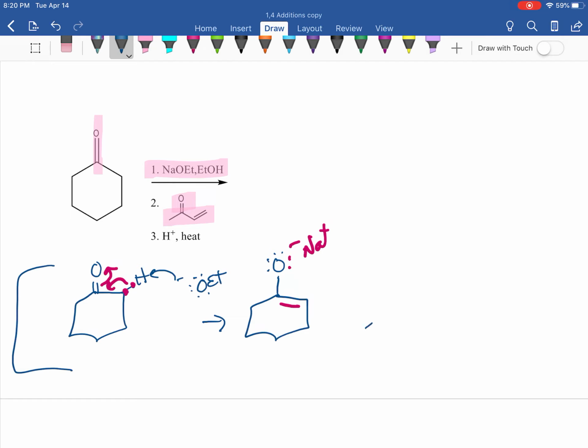And as soon as we add in now number 2, I'm just going to write it this way. I'm not going to write it that way. That looks ugly. Okay, I'm going to write it like that. Let's add that in. All right, how can we react this? This is a 1,4 addition. Here is your enolate. Here is your 1,4 addition.